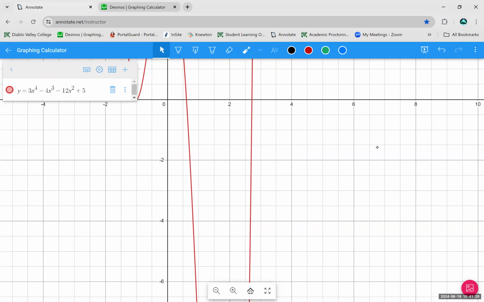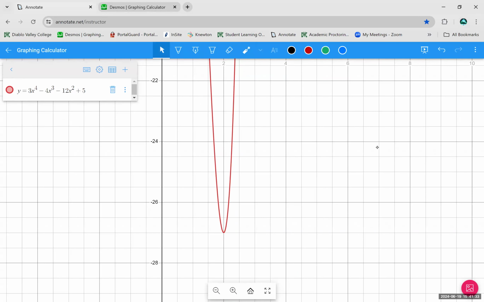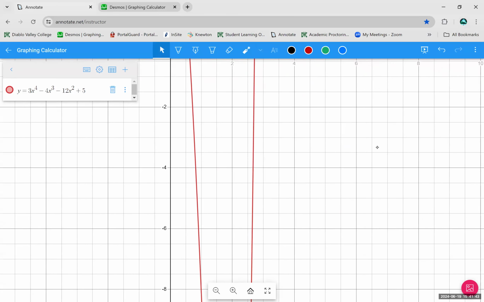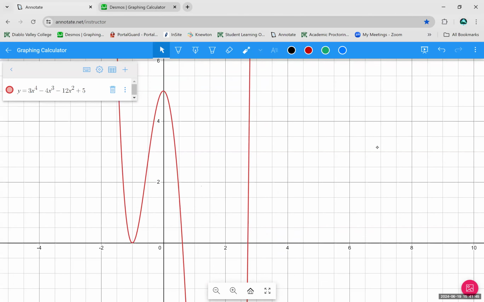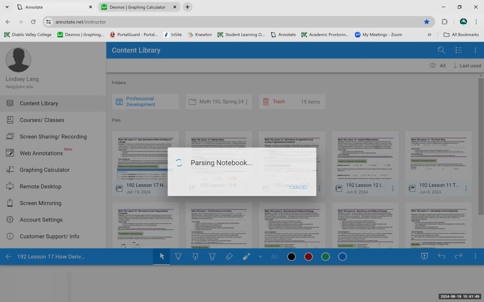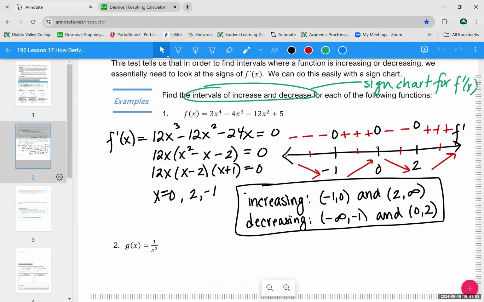Let's scroll down. It decreases to here, which looks like, yep, that's at 2. And then it increases forever. Okay, so if we go back to our answer, you can see that that corresponds to what we found by using the derivative.